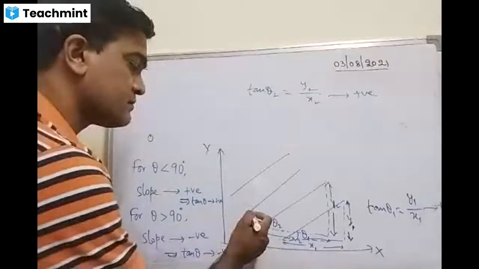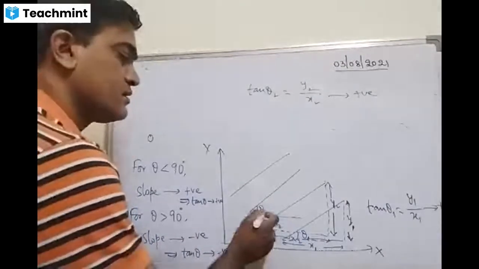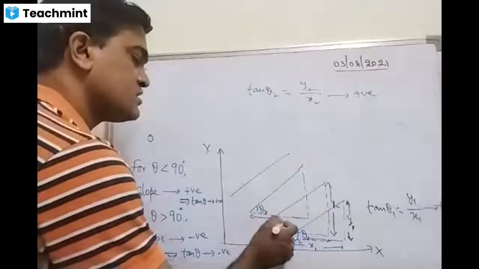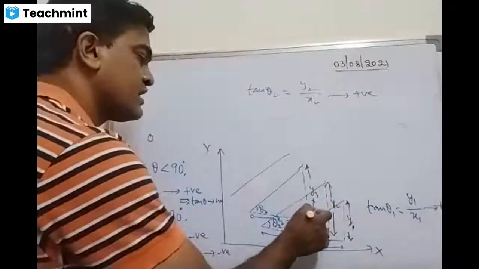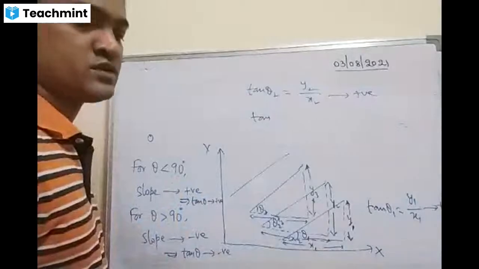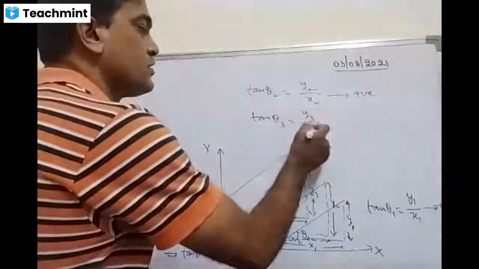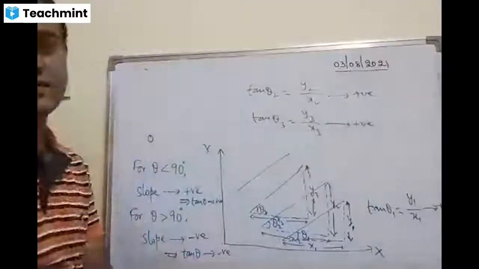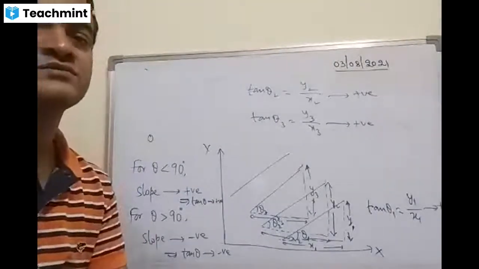Even if I take this angle as theta 3, and show the lengths as x3 and y3, then tan theta 3 is y3 upon x3, which is again a positive value. Now, what I'm showing you is for positive values.